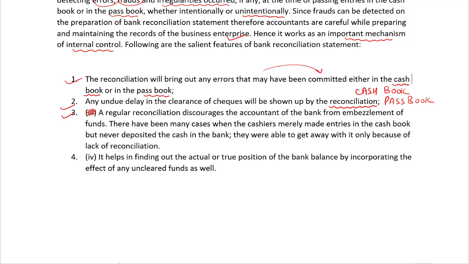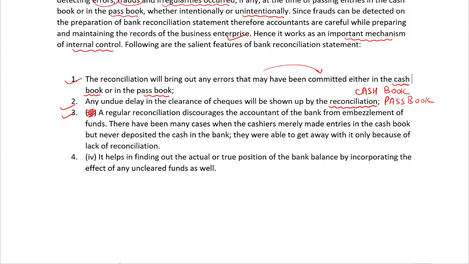Third, a regular reconciliation discourages the accountant or cashier from embezzlement of funds, because he knows that the businessman is going to reconcile his books of accounts on a regular basis, and that is why his embezzlement will come into the picture and he will be caught.